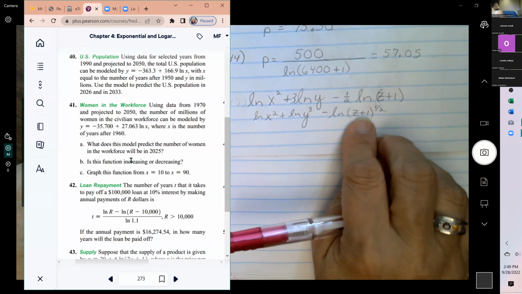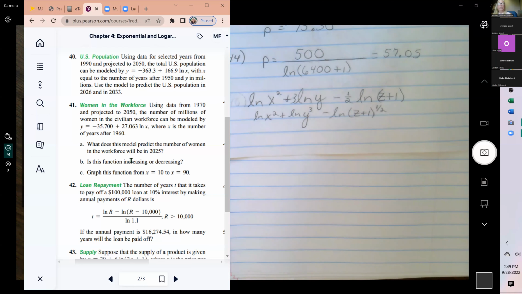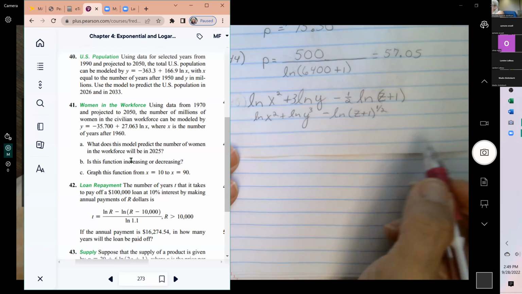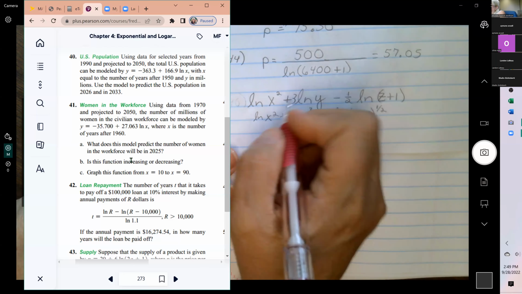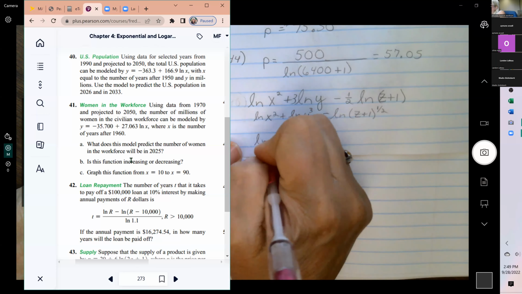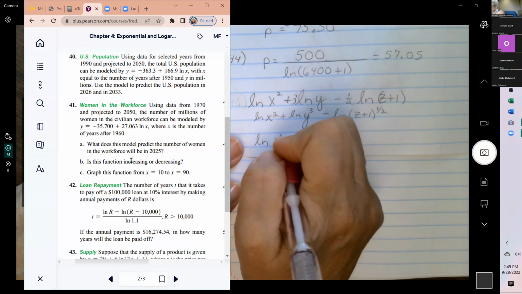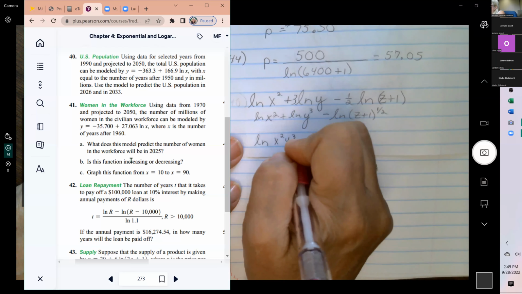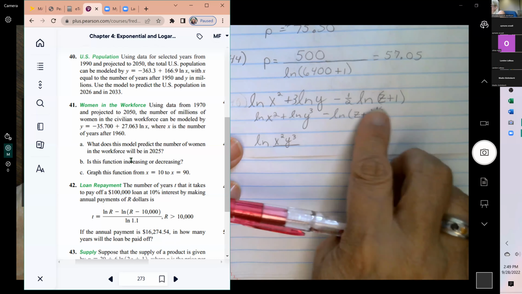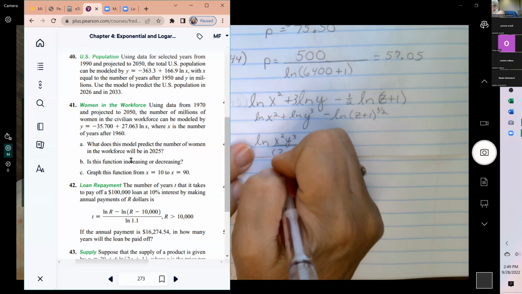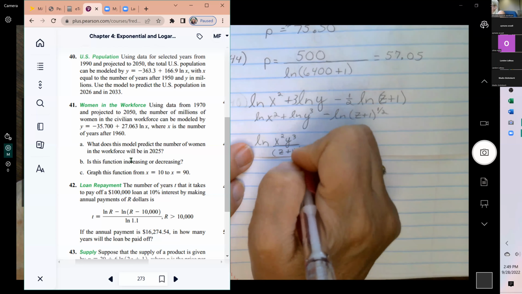And that can be rewritten. 1/2 as an exponent is a square root. But I'm going to wait and do that last. These two are added, so they get multiplied. So we have the natural log of x squared y cubed. This one's a minus, so it goes in the denominator: z plus 1 to the 1/2.